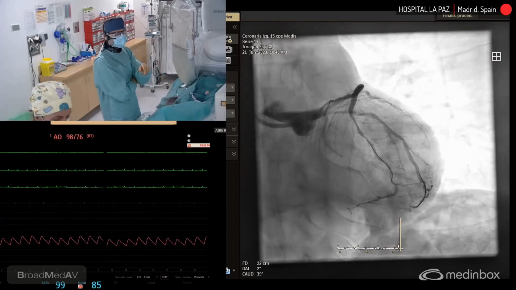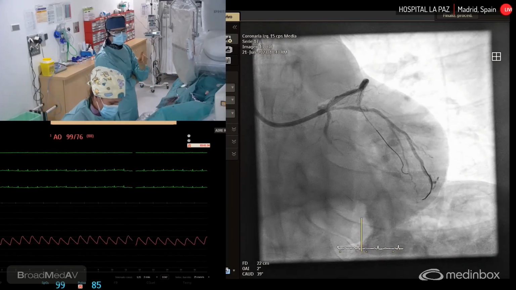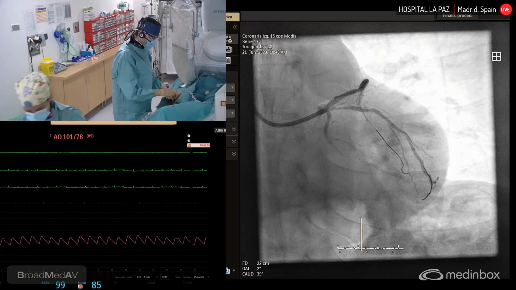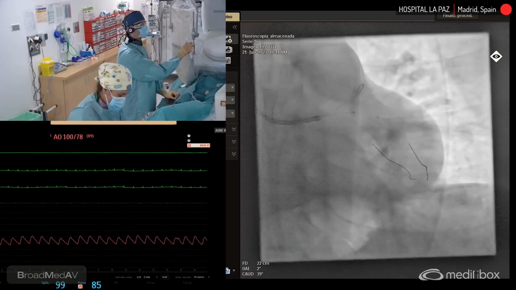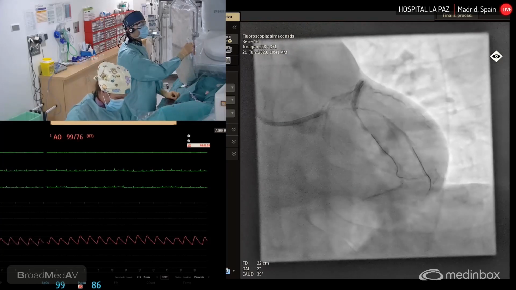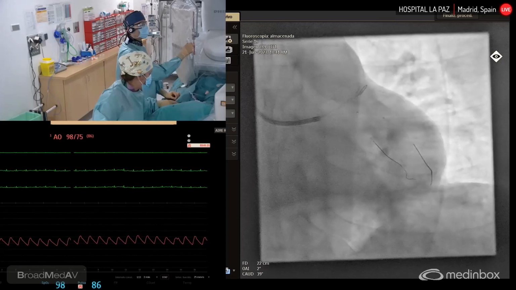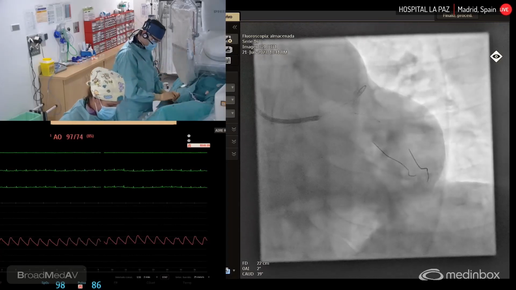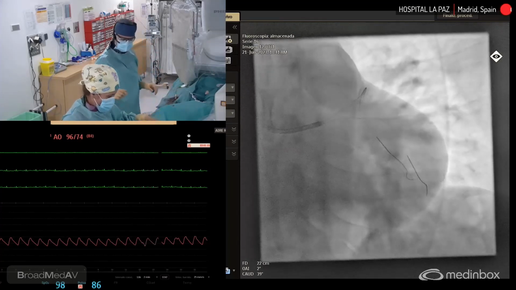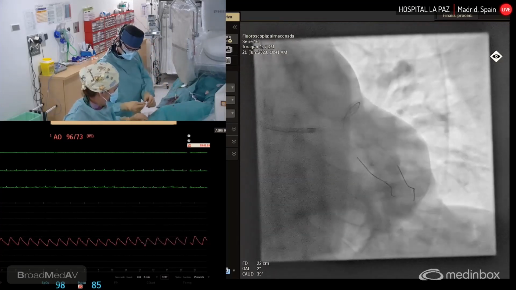So we are using a synergy stent 2.25 by 16. I think the expansion of the balloon was good. There is no severe calcification in the IVUS, so let's trust in the synergy stent to achieve a correct expansion.